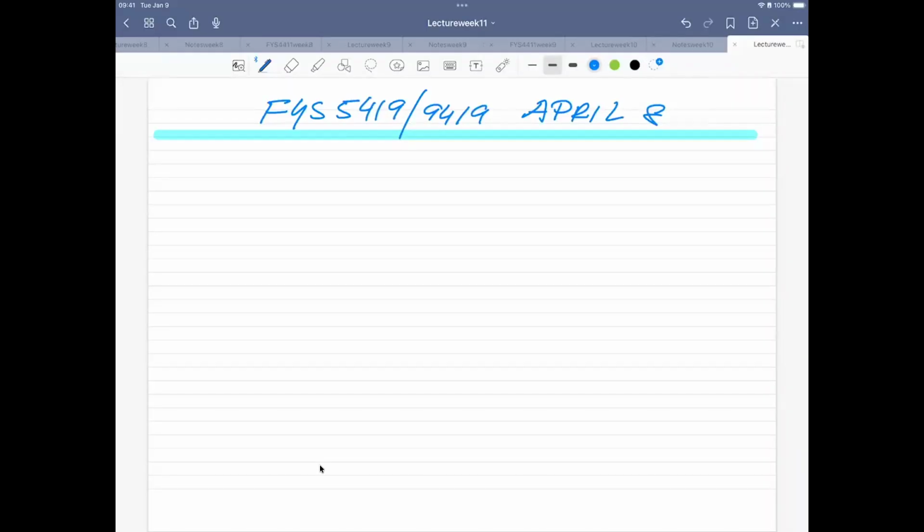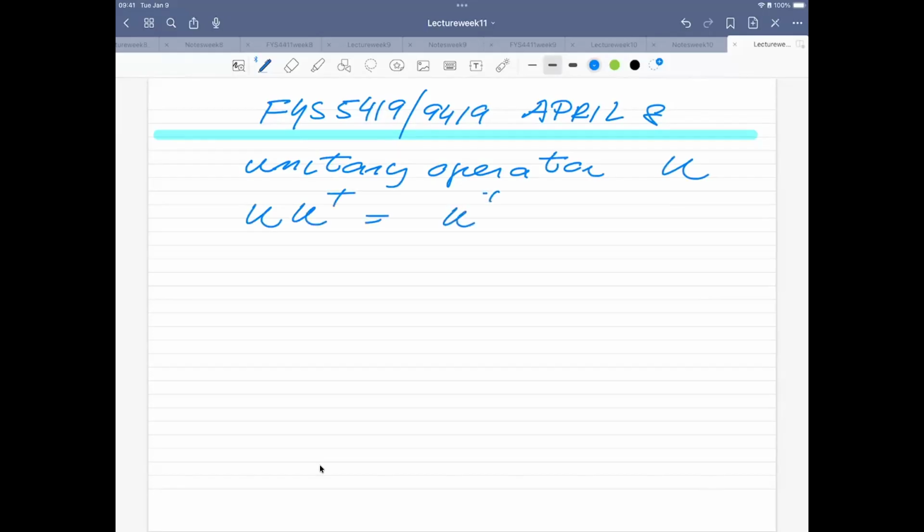So if we have a unitary operator, that means that if I take U with its Hermitian conjugate, this is obviously equal to the identity matrix.